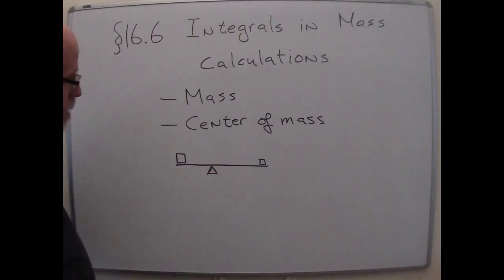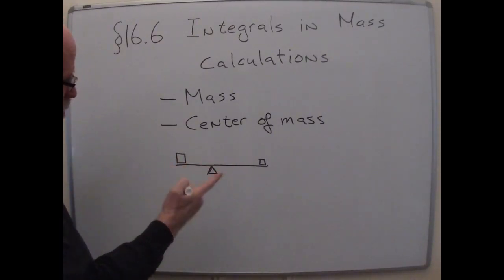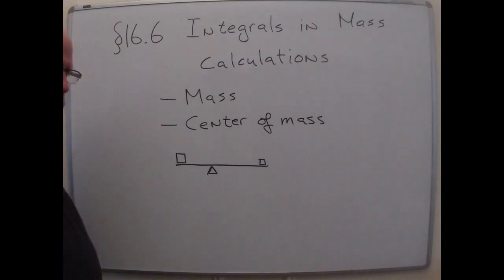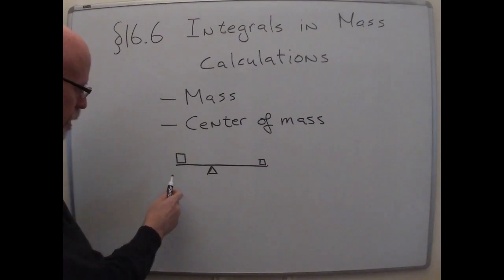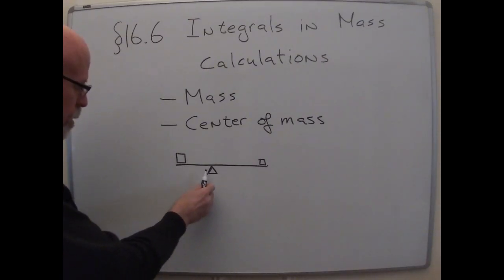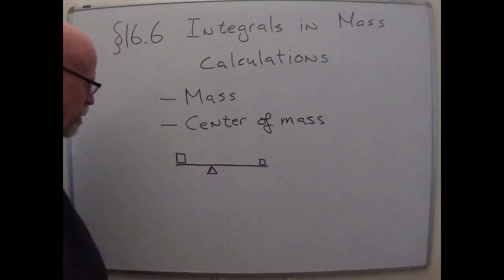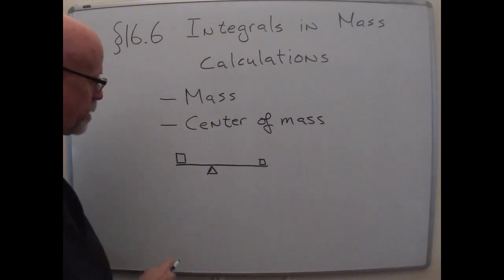So as it stands right now, this would roughly be balanced, I think. You could sort of picture this in the playground setting, right? One of those seesaws or teeter-totters where you might have kids of unequal weights, and you put the heavier kid a little closer to the point where the thing balances, and they'll both be able to enjoy the ride. So that's what center of mass is about.